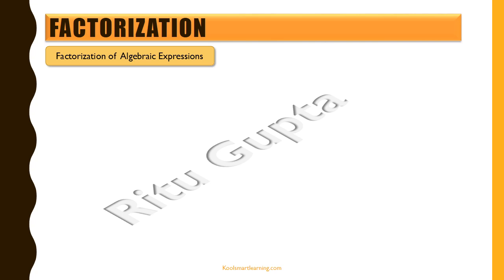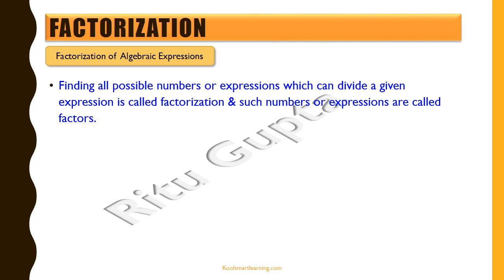Let's now move to factorization of algebraic expressions. Finding all the possible numbers or expressions which can divide a given expression is called factorization, and such numbers or expressions are called factors. Now this is not very different from what we said is factorization of numbers. The only thing which gets added is that the factors could be expressions also.